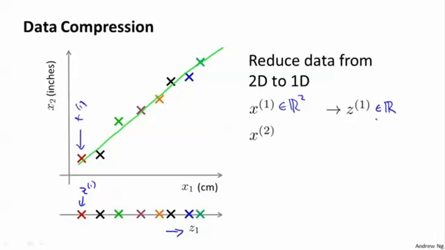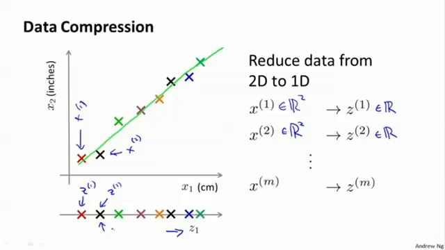And similarly, if x2 is my second example there, then previously this required two numbers to represent, but if I instead compute the projection of that black cross onto the line, now I need only one real number, which is z2, to represent the location of this point z2 on the line, and so on through my m examples.